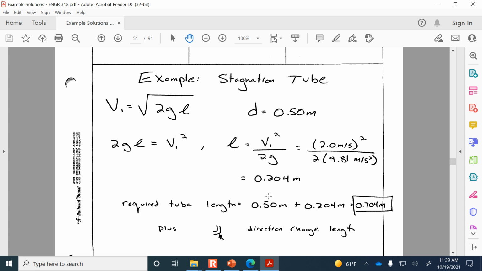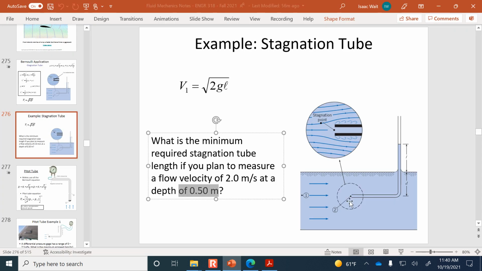So then the overall required tube length would be the depth that we're going to open up and intercept that stagnation tube, and then also the height that it will rise. So 0.704 meters plus however much length we want to have pointed into the flow. So like this distance, you'd need to also add on.